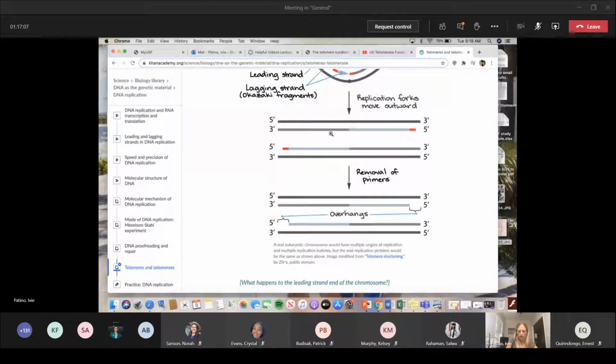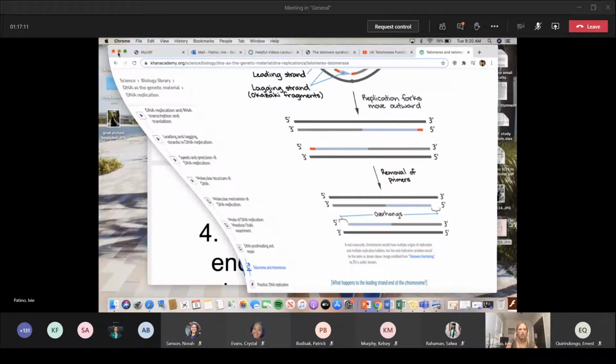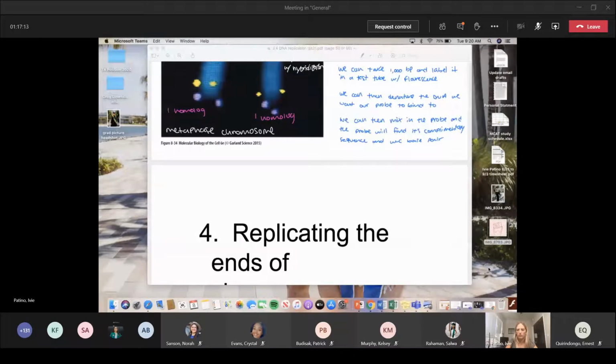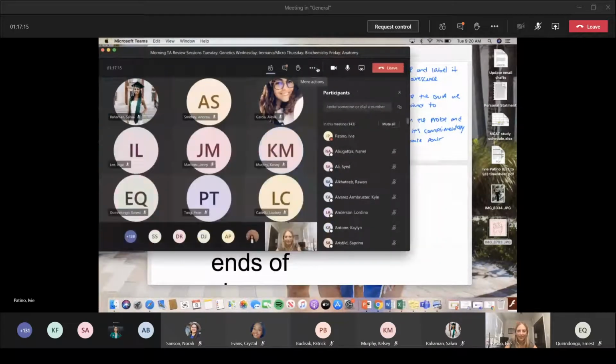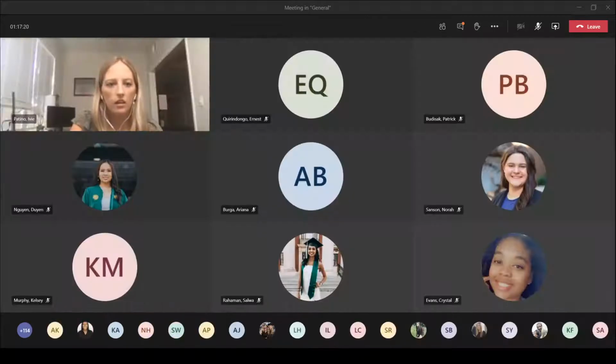Ugh, I wish we were in person. Is there a share computer sound option? I don't know. I'm not a tech whiz, guys. We're all just doing the best that we can. Let me see. It's share screen.